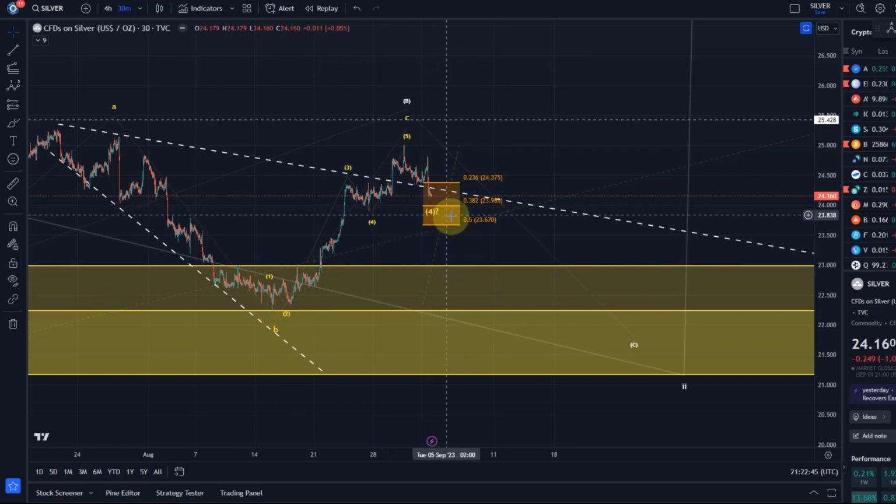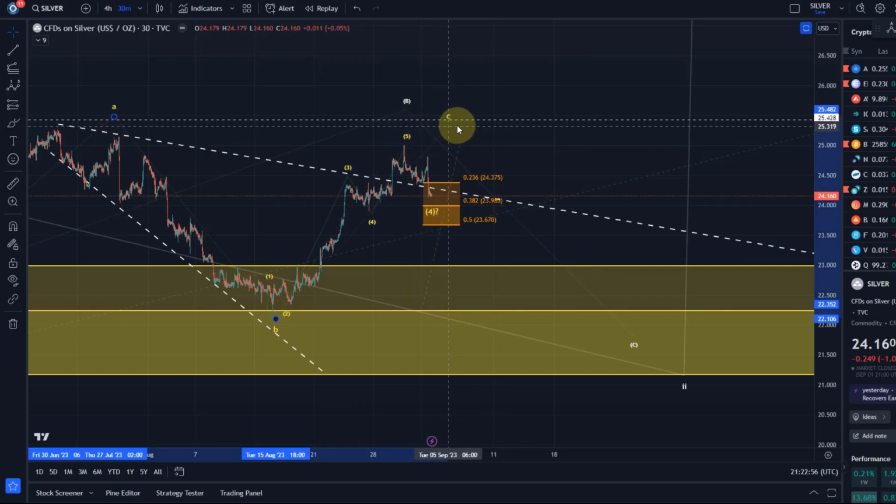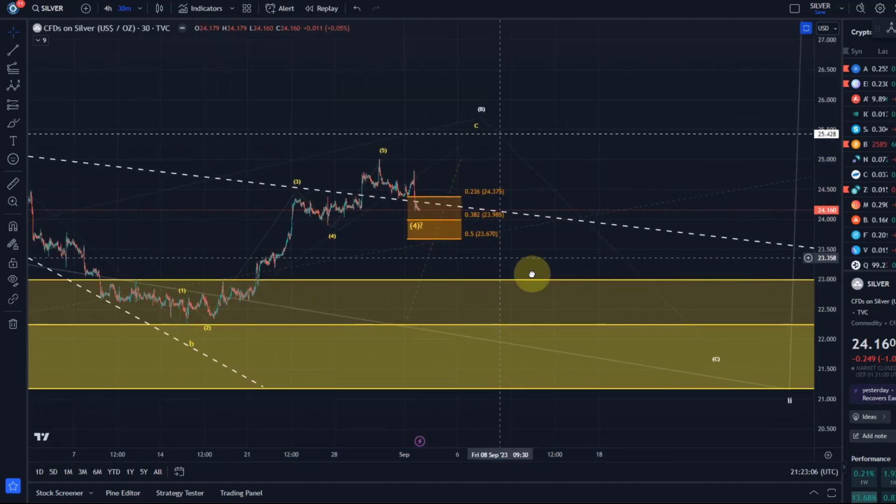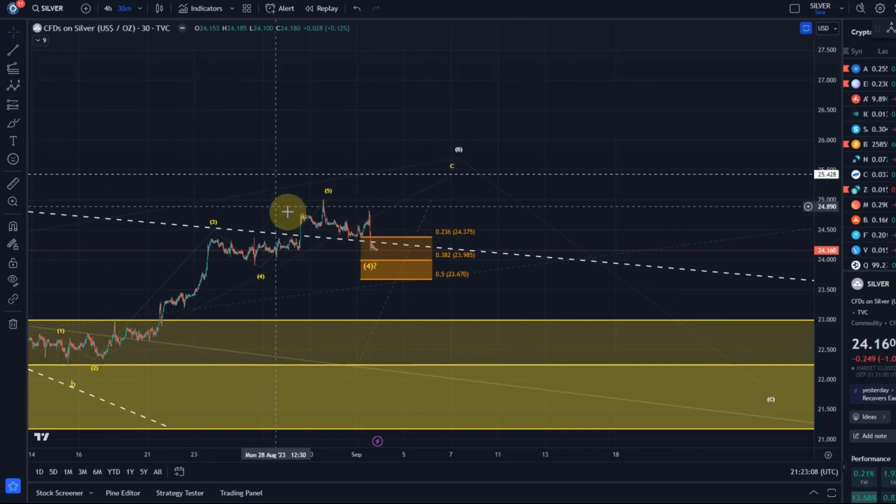Again, maybe it's a wave 4 here. And if it's a wave 4, it needs to turn around and give us one more high in a C wave. That's what I would prefer. I would prefer one more high because I would like it to get to the 1-to-1 ratio, to our $25.43 target. But that will be decided next week, I guess. It depends really on the structure of the next bounce.